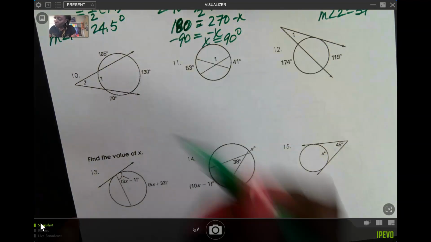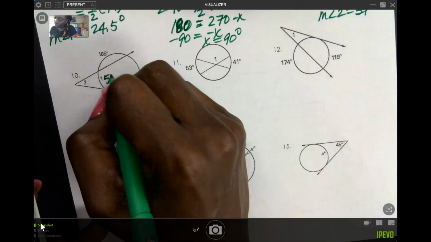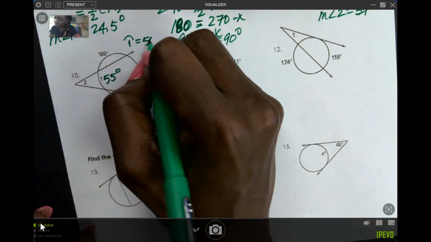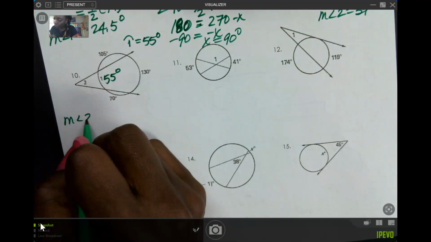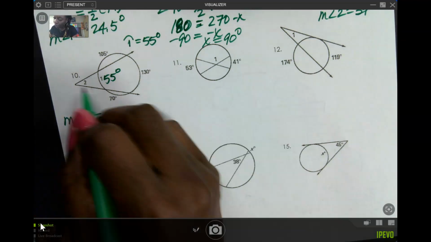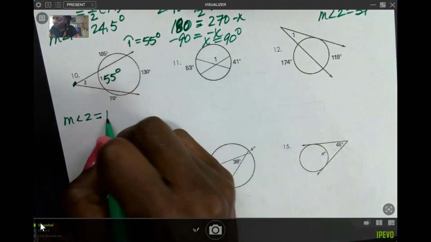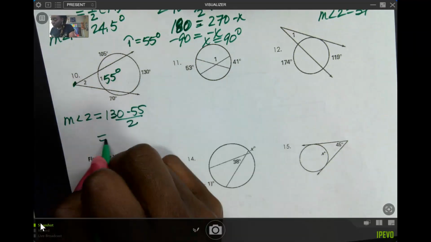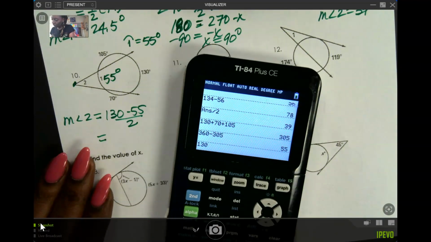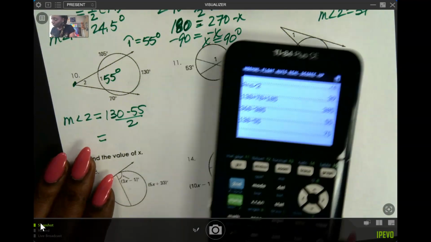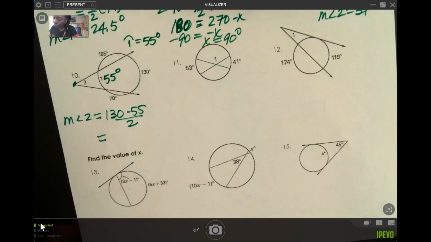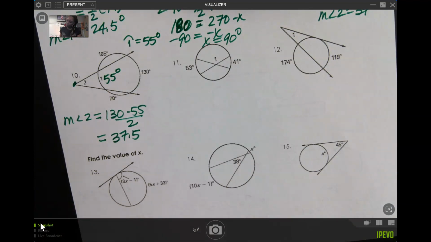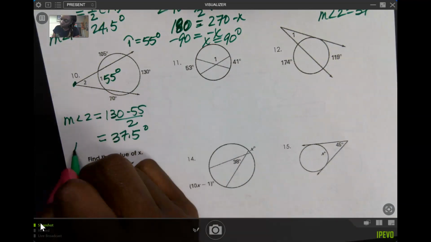So we know that arc 1 equals 55 degrees, and then the measurement of angle 2 is, since it's outside, going to be 130 minus 55 divided by 2. So we're taking 130 minus 55, that's 75, divide that by 2, that's 37.5 degrees for the measurement of angle 2.